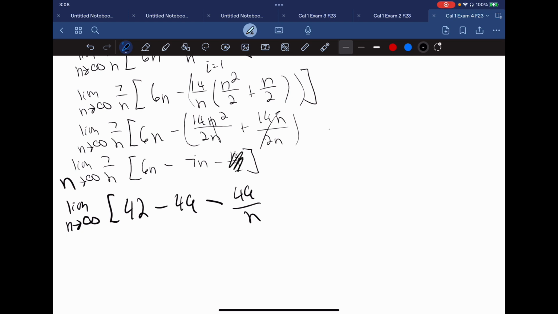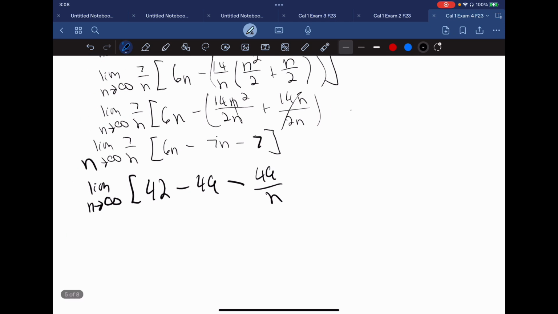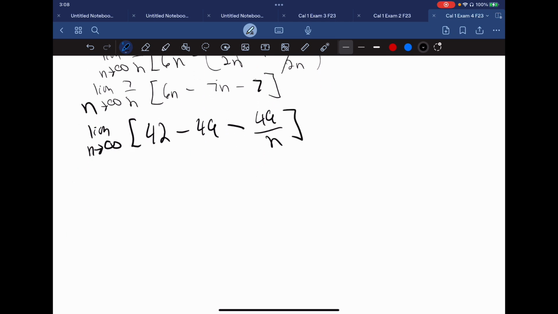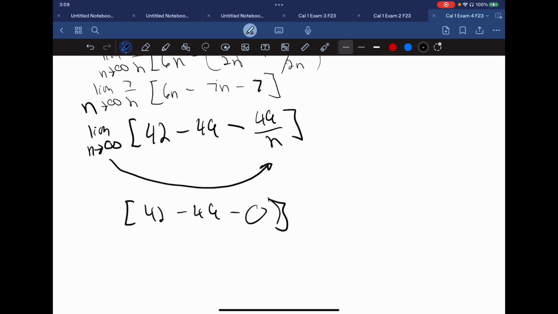Because this is just going to be 7, so 49 over n, right? And now let's apply our limit as n approaches infinity. So it's just going to be 42 minus 49 minus 49 over infinity. And a number divided by infinity is going to be like a really small number. So let's just say that this is just 0, right? And now when we solve it, we get negative 7 units squared.